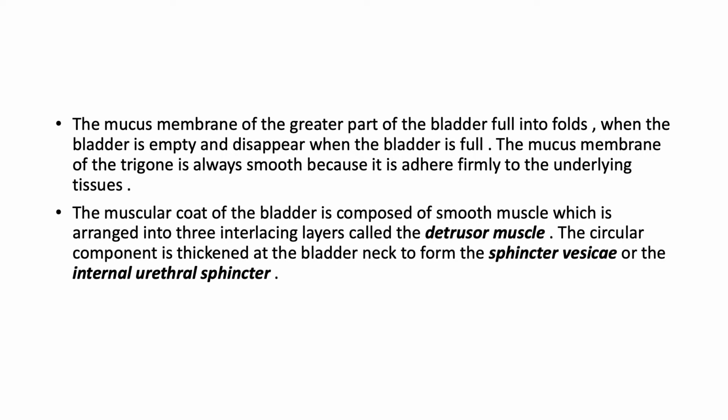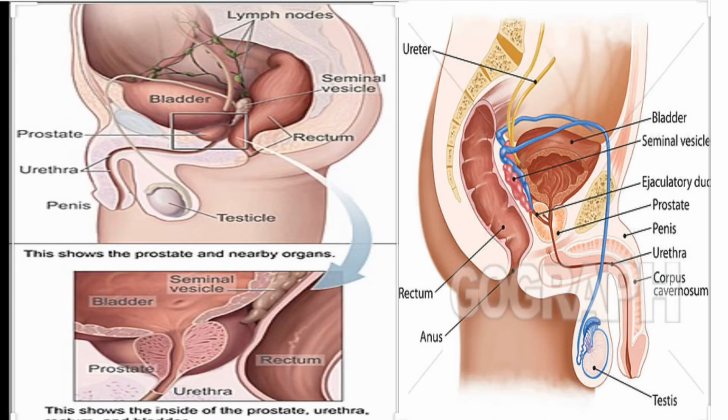The inferolateral surface of the bladder is related to the pubic bone, and it is separated from it by a band of fat. While for the base, we have two parts.